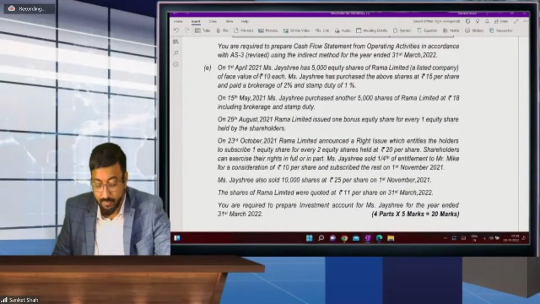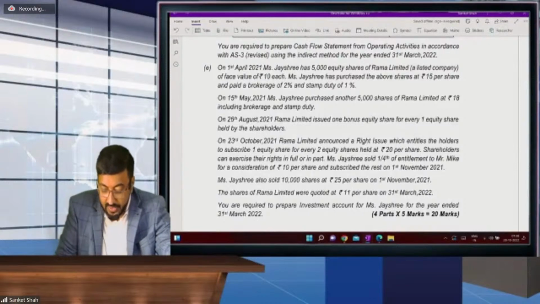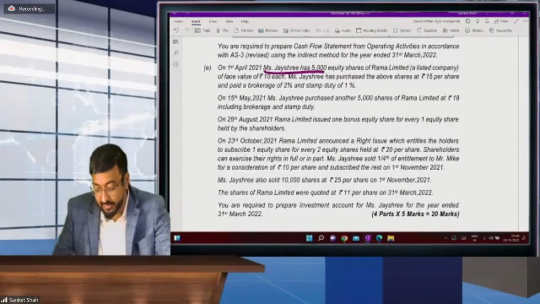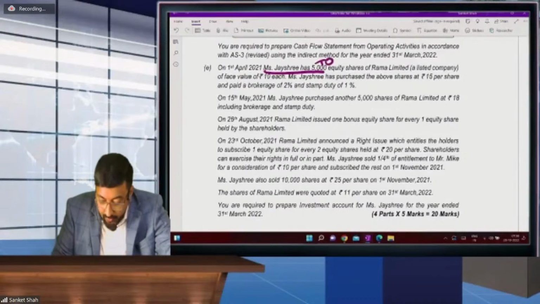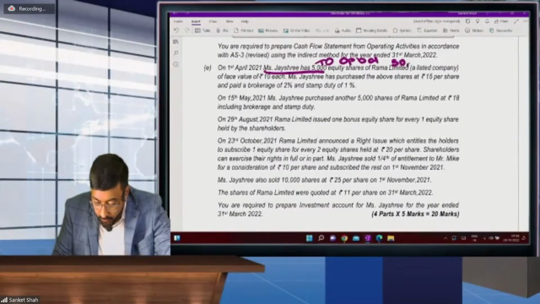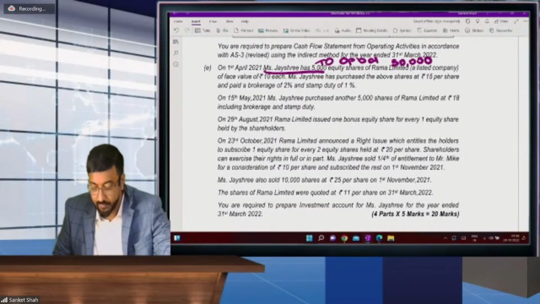On 1st April 2021, Miss Jayashree has 5,000 equity shares of Rama Limited, a listed company. Okay. So this question is of equity shares. So this is the opening balance, 50,000. Jayashree has purchased the above shares at rupees 15 per share.